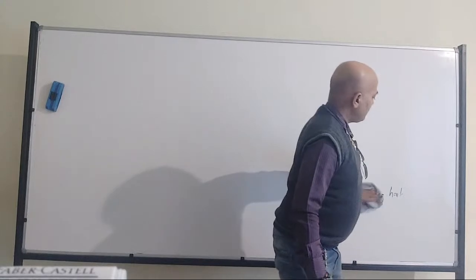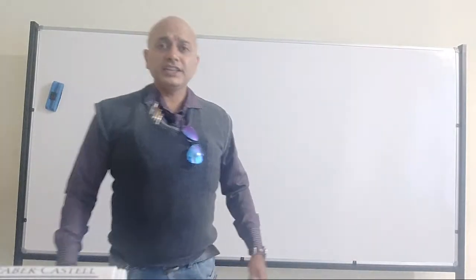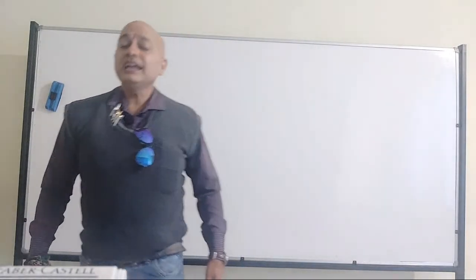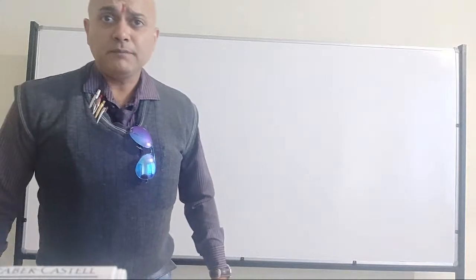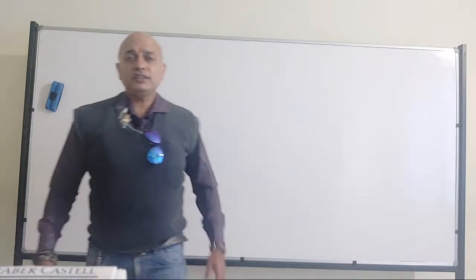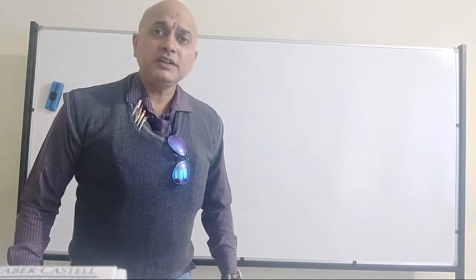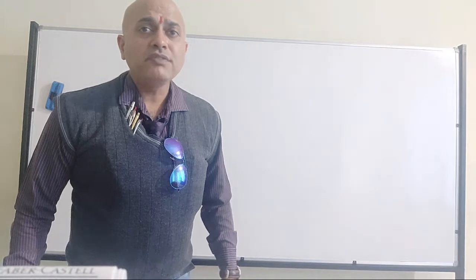There are small variations here and there. That is due to the electronic configuration, or the subshell in which electrons are present. Even those have a small effect on the properties. All of you have understood? So that's what we have discussed.